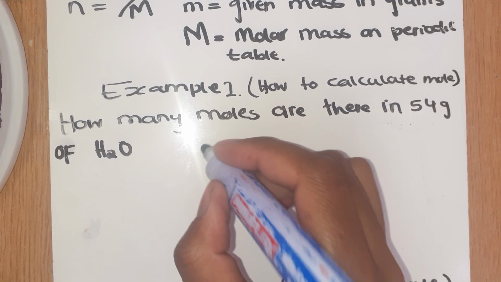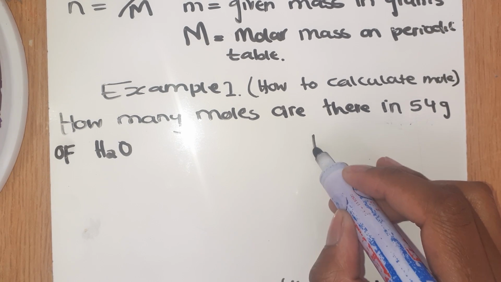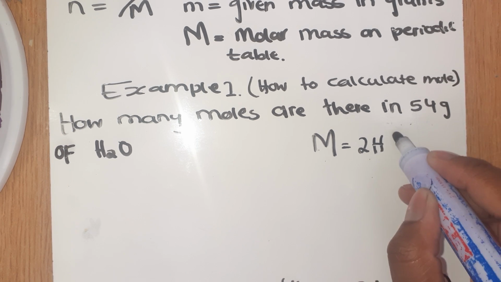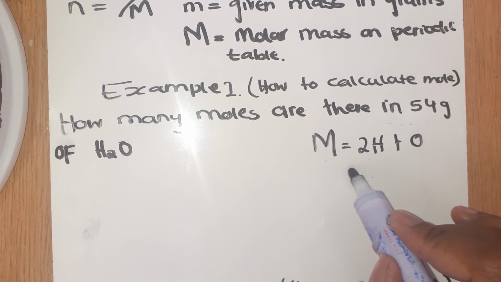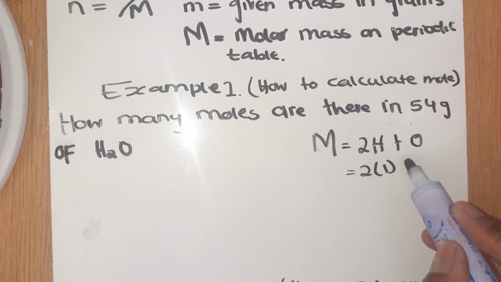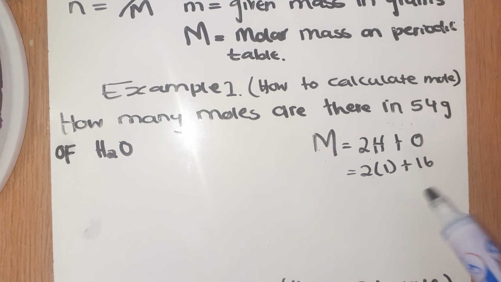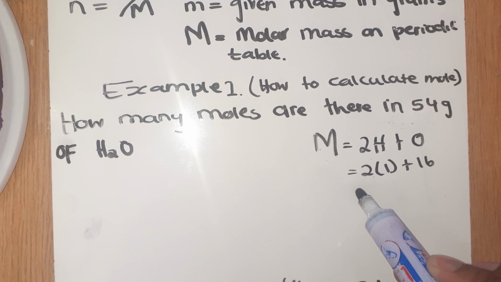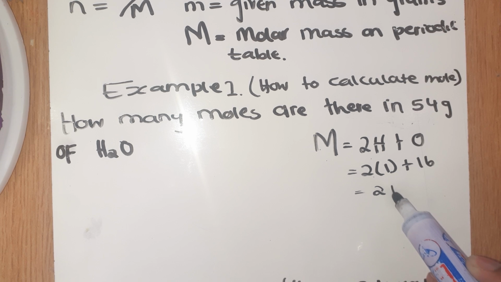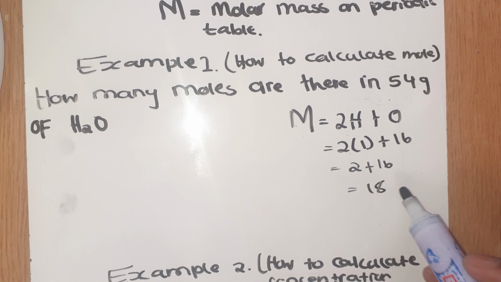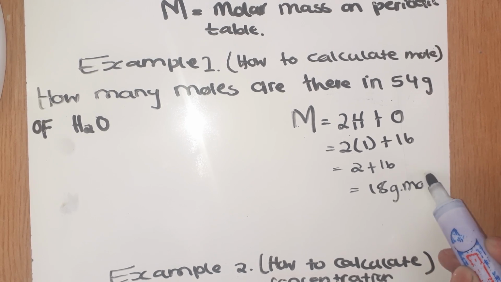So we calculate the big M. That will be 2 times H plus O, so 2 times 1 gives us 2, plus 16, and that gives us 18. So the molar mass is 18 grams per mole.